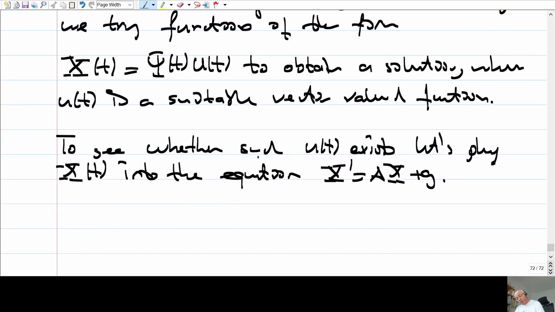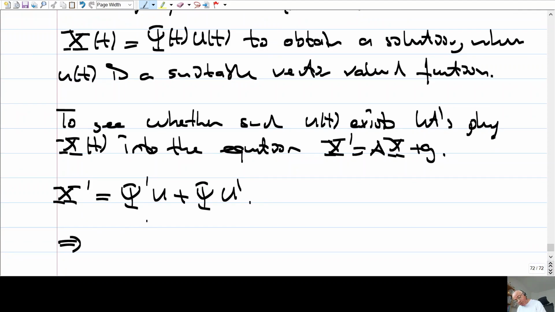So I have to take the derivative x prime. Since these are functions of t in product form, their derivatives obey the Leibniz rule: derivative of the first function times the second plus the first function times the derivative of the second. And let's plug them into the equation.